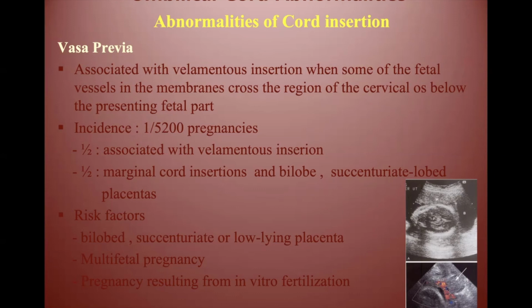They are vulnerable to compression and also to laceration or avulsion with rapid fetal exsanguination. Vasa previa is uncommon, and Lee and co-workers identified it in 1 in 5,200 pregnancies.